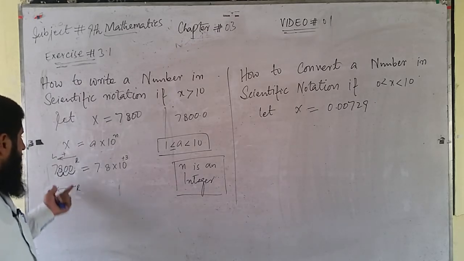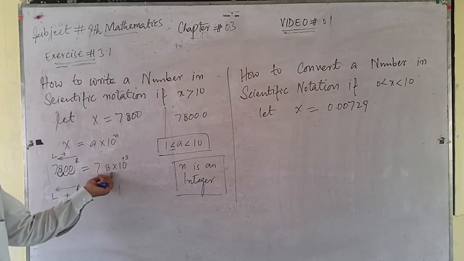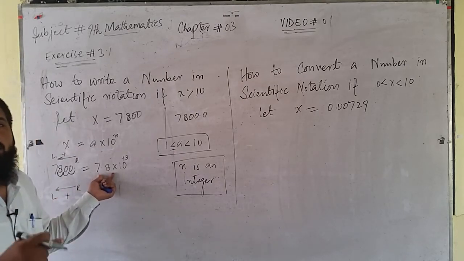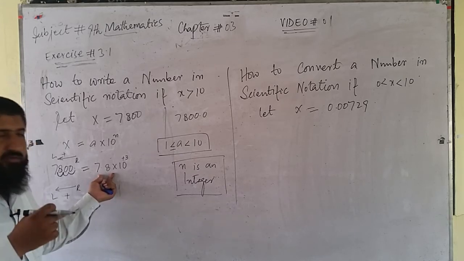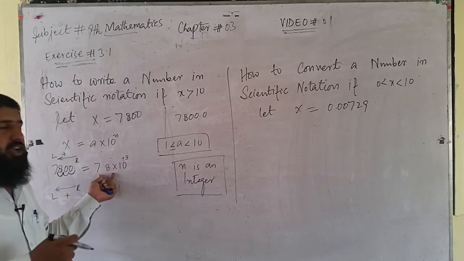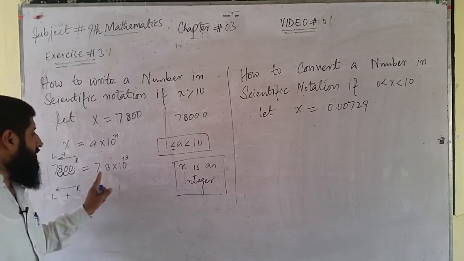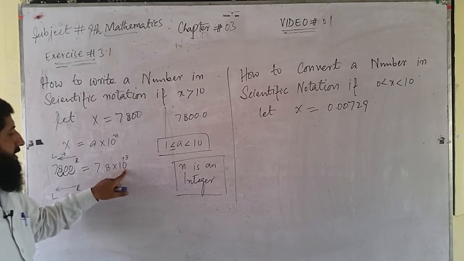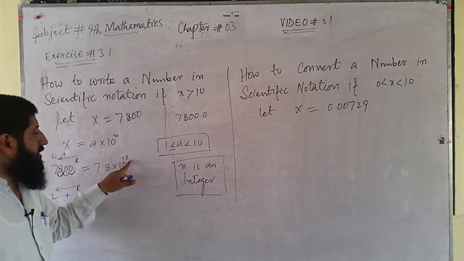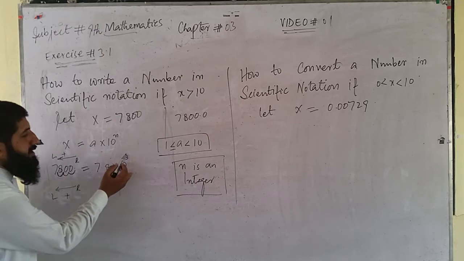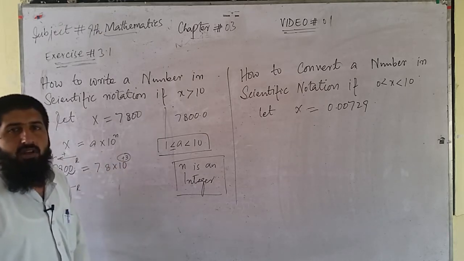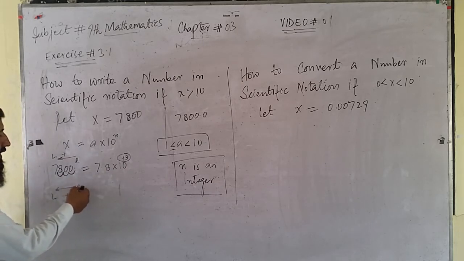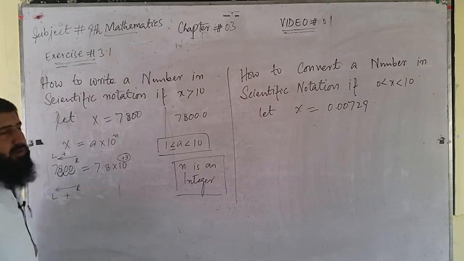We place the point after the first non-zero digit and multiply by 10 raised to power 3. The 3 represents that we moved the point through 3 digits, and the direction is from right to left, so the sign will be positive.